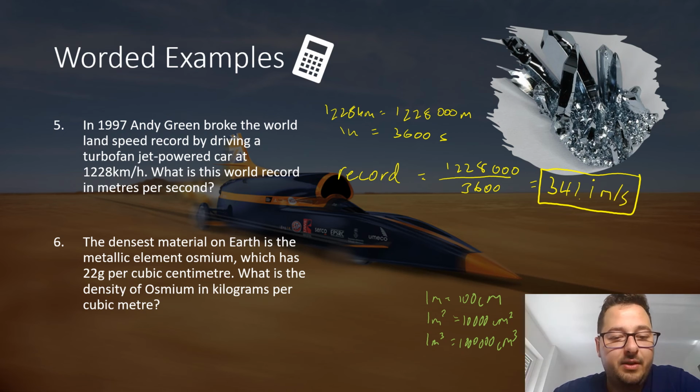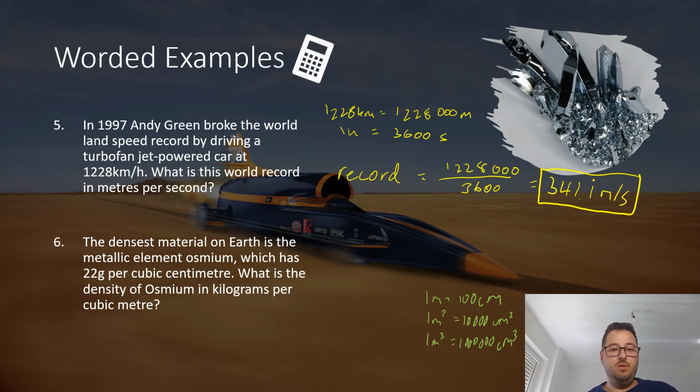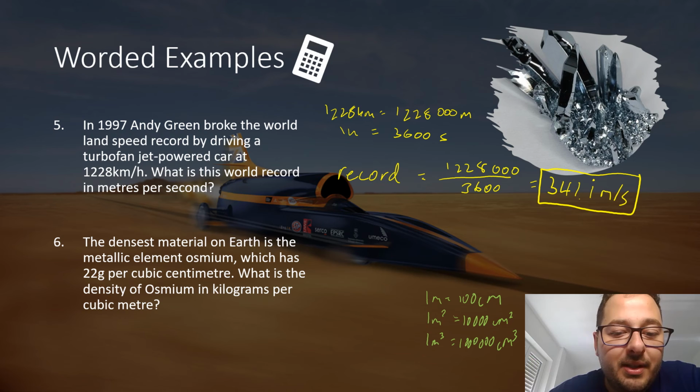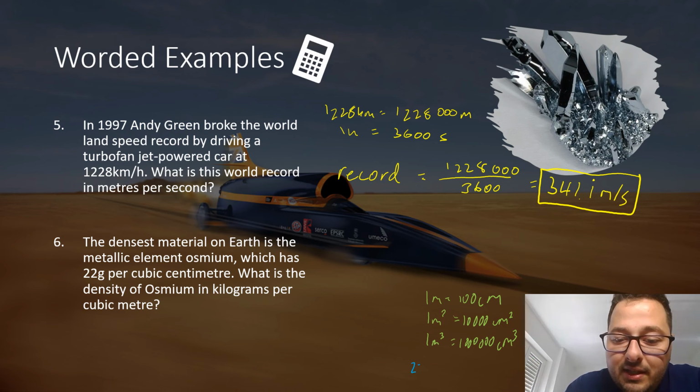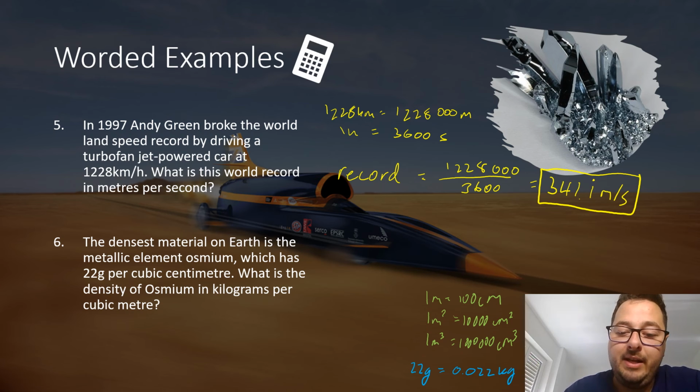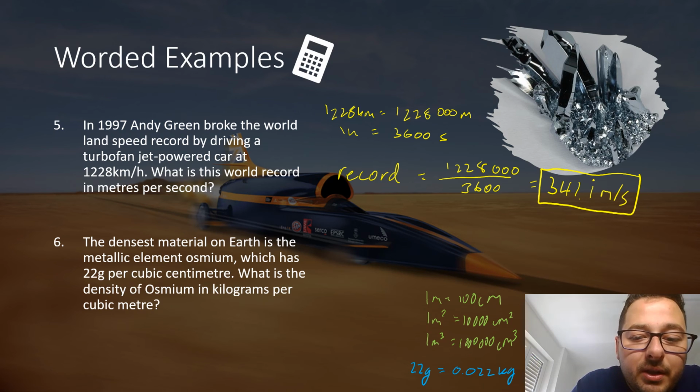Okay, great. So it has 22 grams per cubic centimetre, and we want it in kilograms. So our next little conversion is that 22 grams is the same as 0.022 kilograms. So what we're going to get then is 0.022, and we want to divide that by 1 million.